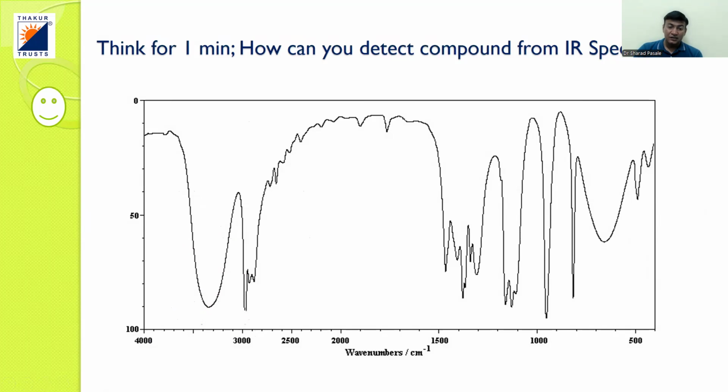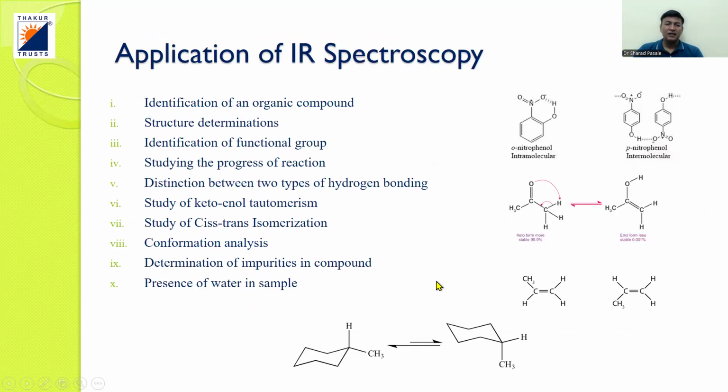See, the wave number starts from 4000 and goes up to 500, so remember the value is decreasing. So this peak being less than 3000 means this is for the aliphatic region. Okay. So these are the characteristic peaks we will find in IR.